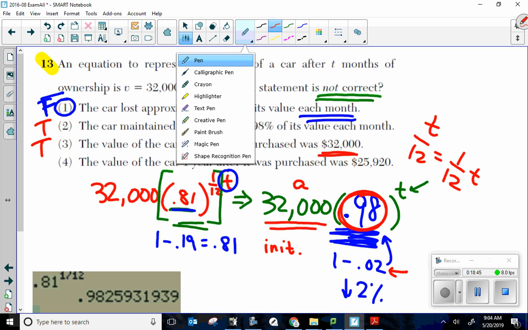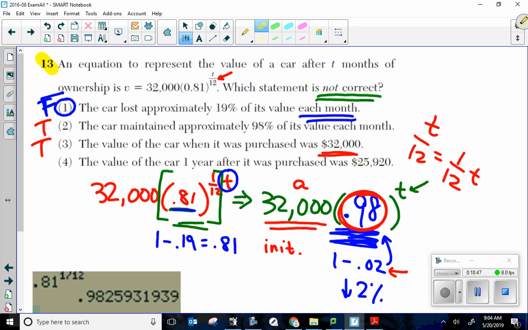We're going to have to use our calculator to just make sure that's right. Here is my equation per month. How many months are in a year? There are 12. In fact, if you want to use this one, we can use this one. Why am I going to use this? Because this is rounded. It really should be this whole big thing.